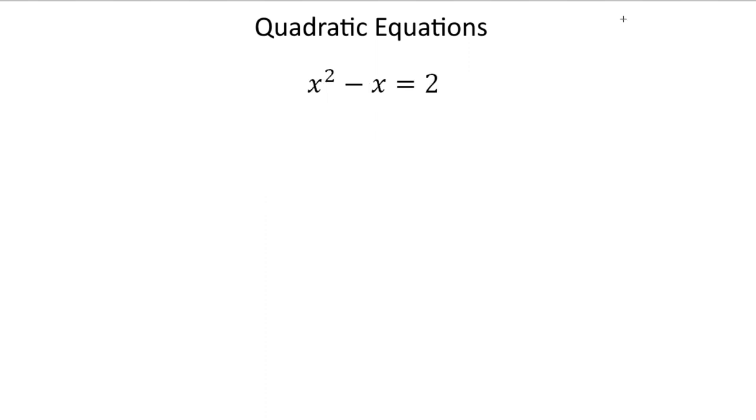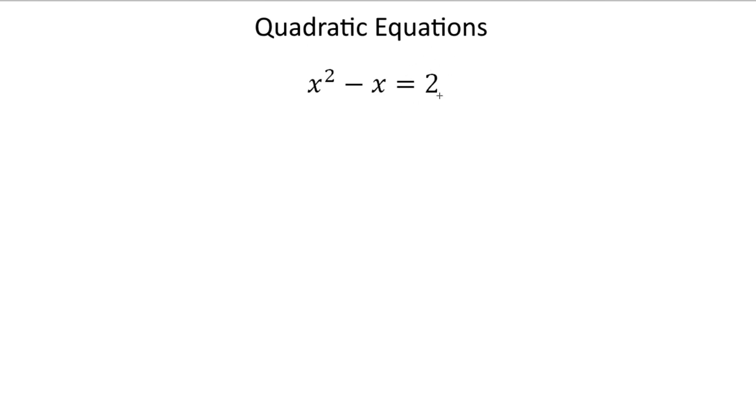Okay, next one that is actually a bit simpler. Now, in this situation with x squared minus x equals 2, this is a bit weird because it's not in the form of equal to 0. So what do we do? Quite simply, we have to make sure we have an equal to 0 on the right side.